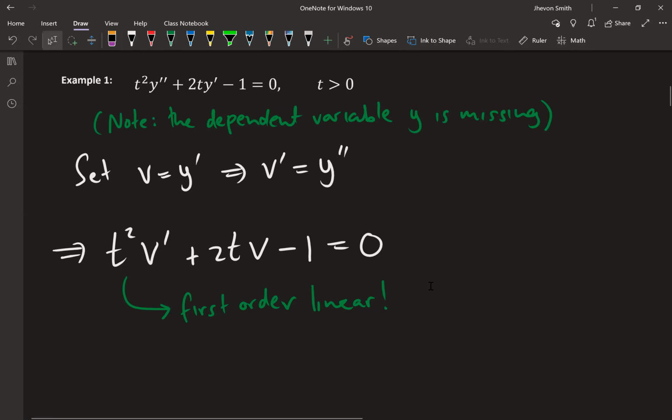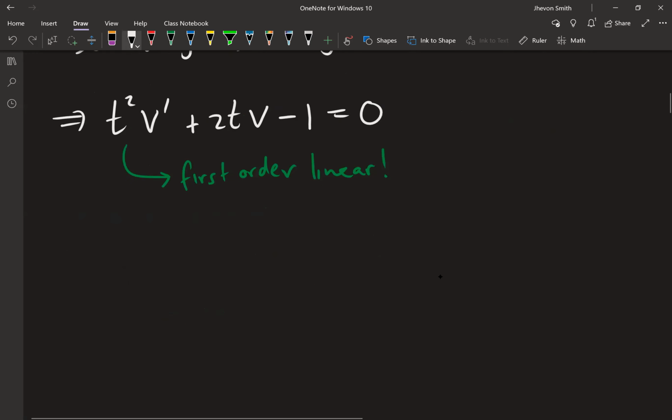Okay, so now you know that it's first order linear. How do we solve it? So you recognize it's linear. What's the method? Mu, how do you find mu?